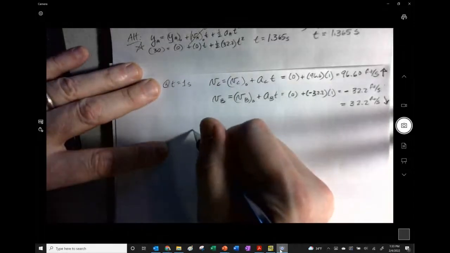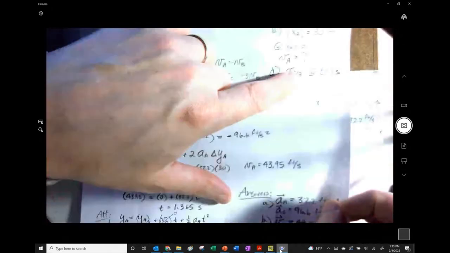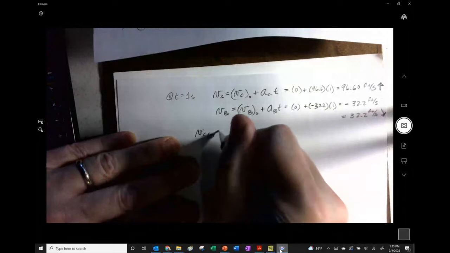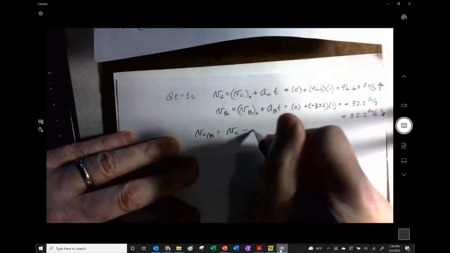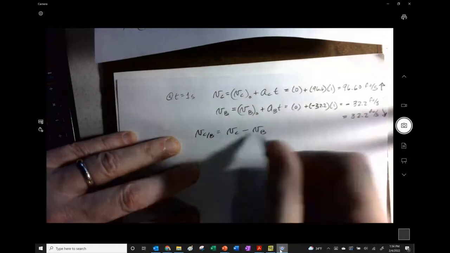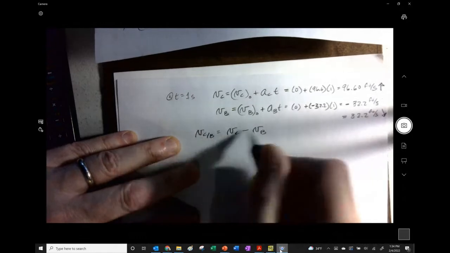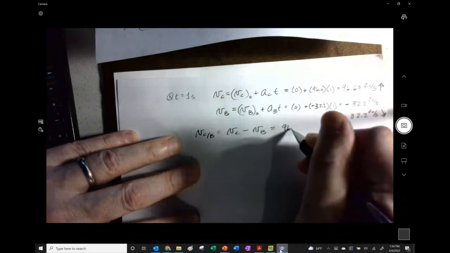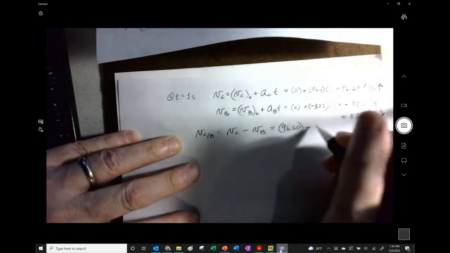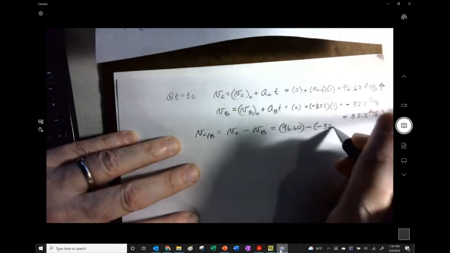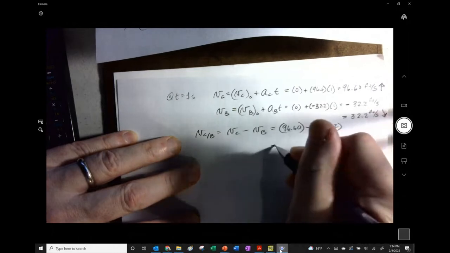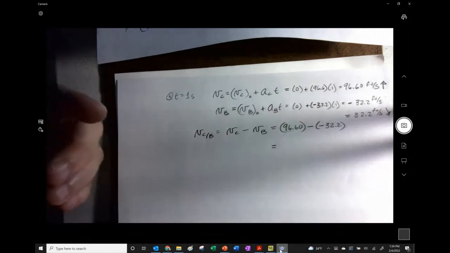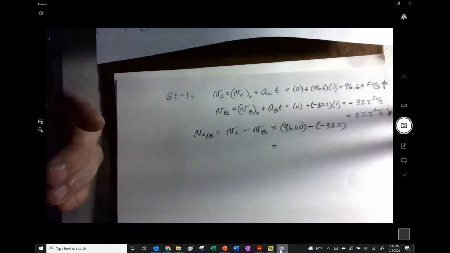And then they asked for VC with respect to B. So that is VC minus VB, just remember that from the definition of what that means. It's easily done, where we have 96.6 minus 32.2, and we're going to end up with, I think, 129.8, maybe something like that.